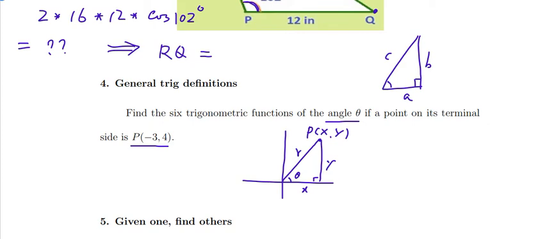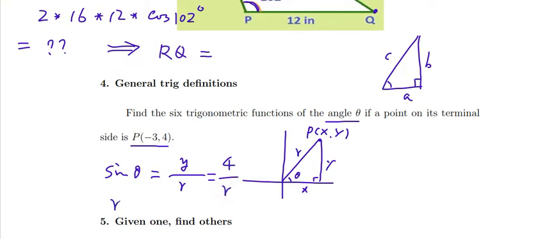Suppose we want to find sine. According to this, sine is y over r, right? What is y? y equals 4. What is r?